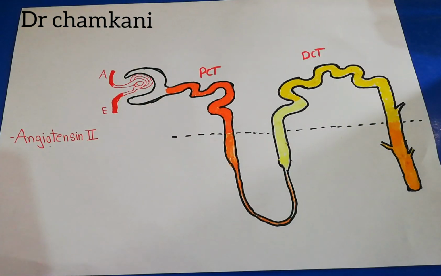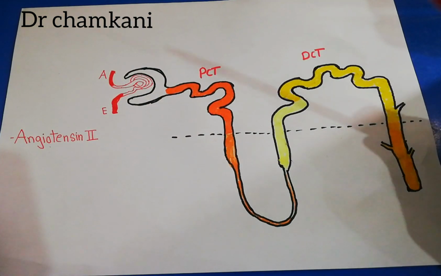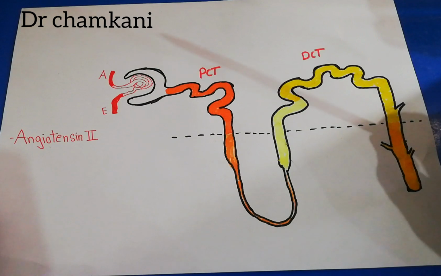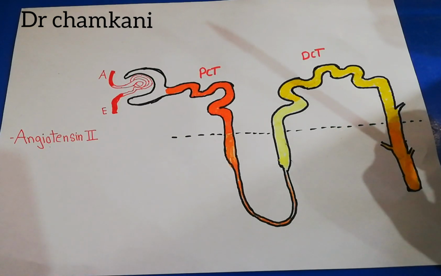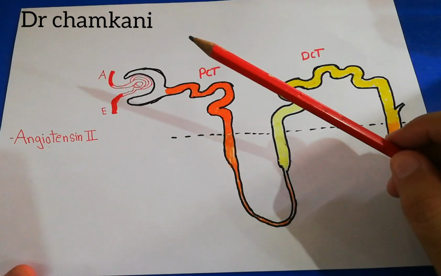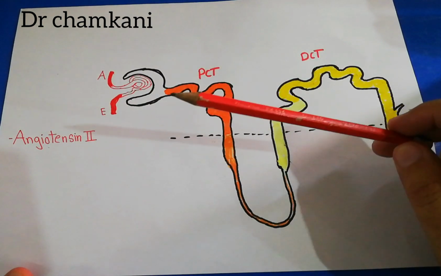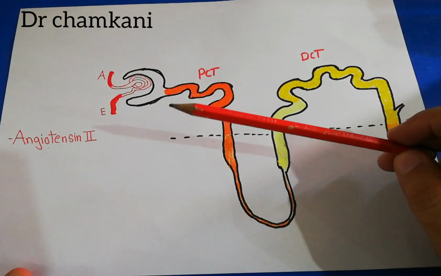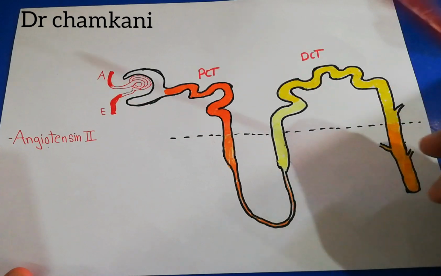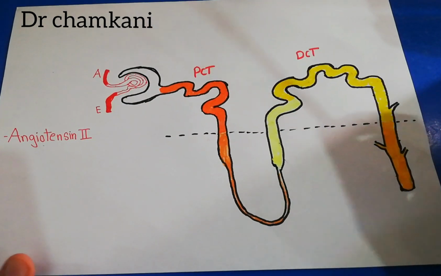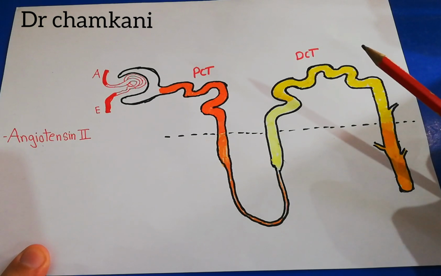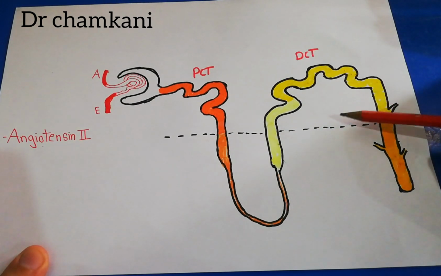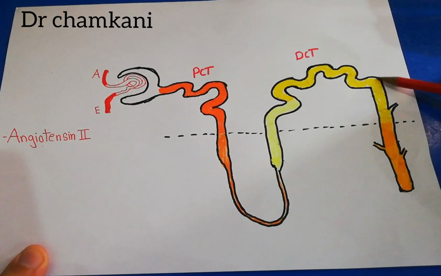How does angiotensin 2 help in the retention of salt, in the retention of sodium? There are a few ways through which angiotensin 2 acts. Angiotensin 2 first of all stimulates aldosterone, and in our previous lectures we have discussed that aldosterone acts on the principal cells of the cortical collecting tubule here.